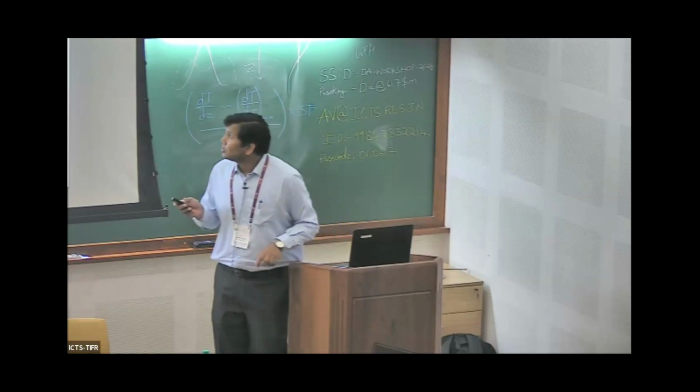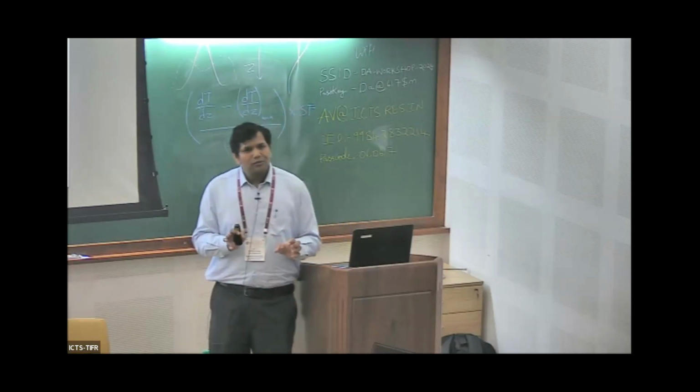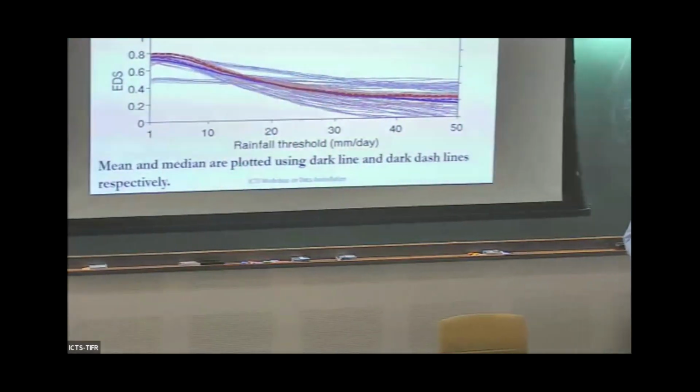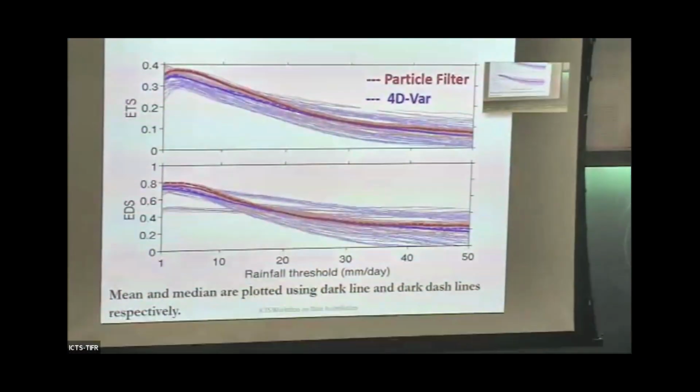Yes. So now, similar to my earlier experiment, I also tried to assimilate rainfall using the particle filter. So now I have two frameworks. One is rainfall assimilation using 4D-Var, in which I use a tangent linear model.